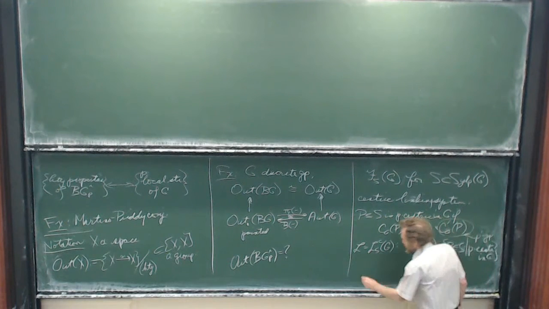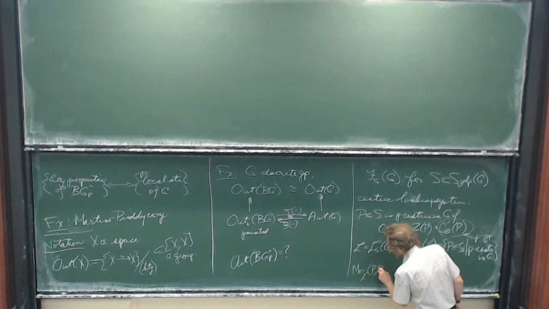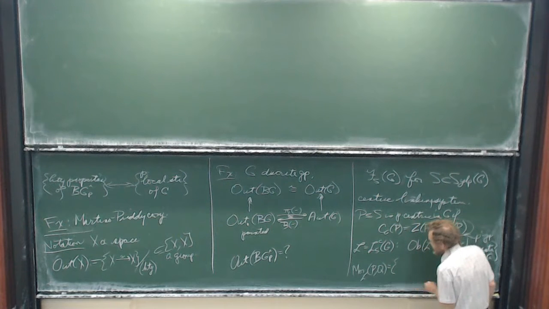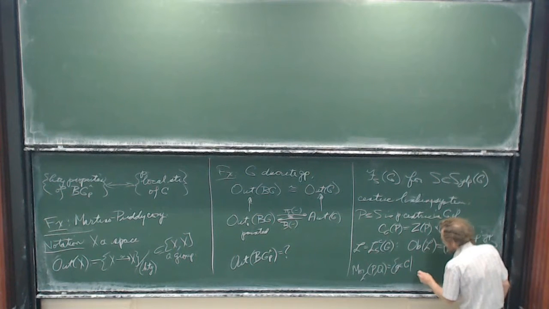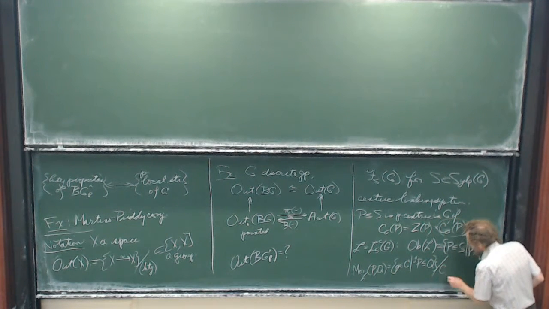And where the morphisms, well, take the transporter set of all g in G such that g conjugates P into Q, modulo C_G'(P).